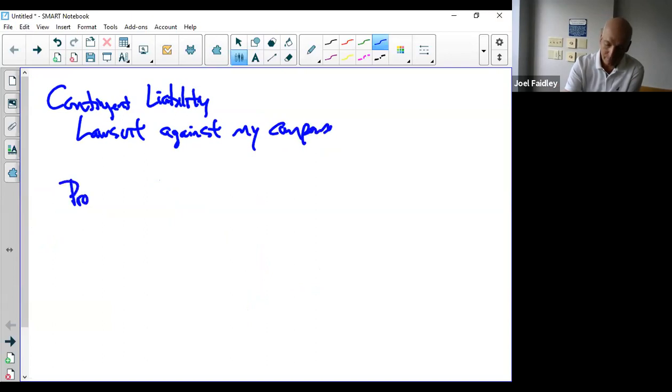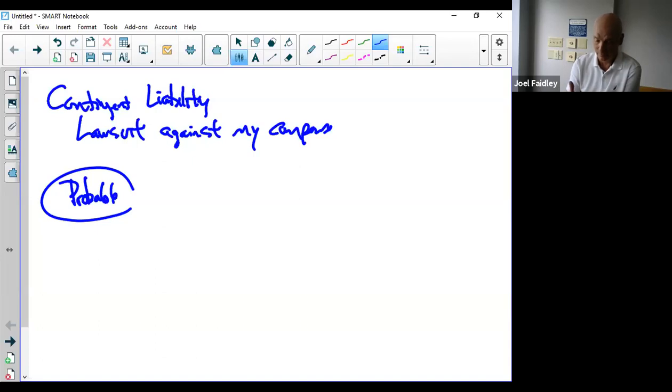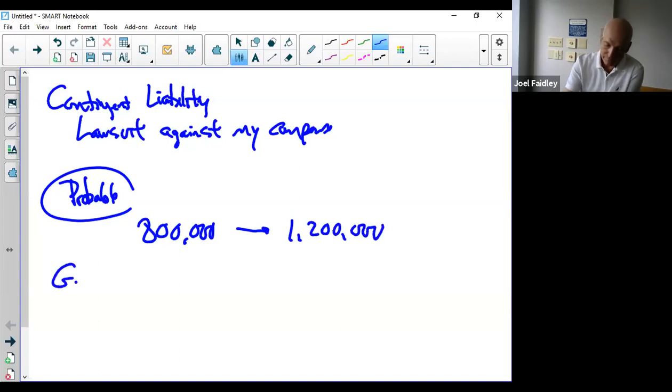It's probable, right? IFRS says that's more than 51%. Yep, they don't tell you percentage, but we know it's probable. And let's say the lawsuit is for, we think, somewhere between 800,000 and 1.2 million. What does GAAP say to do? What amount?